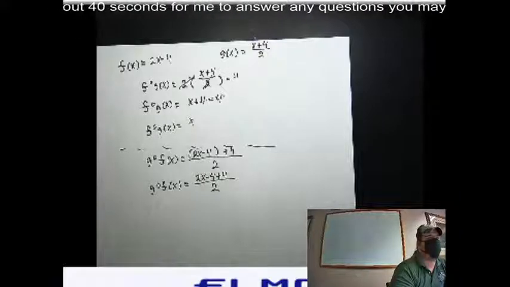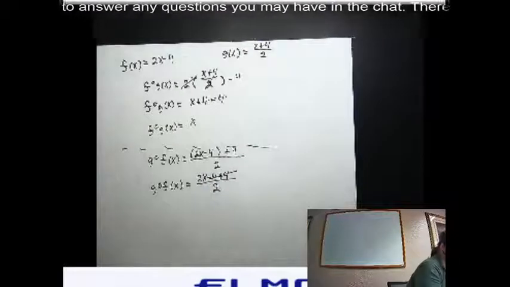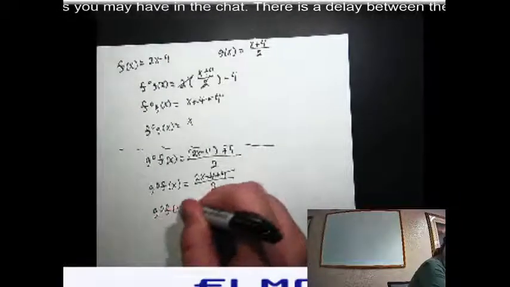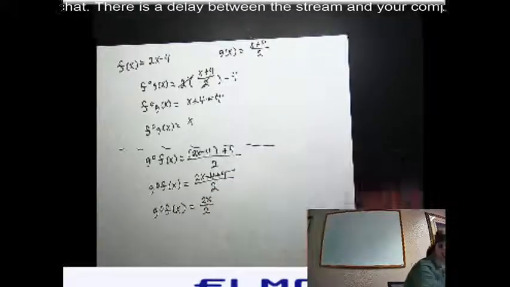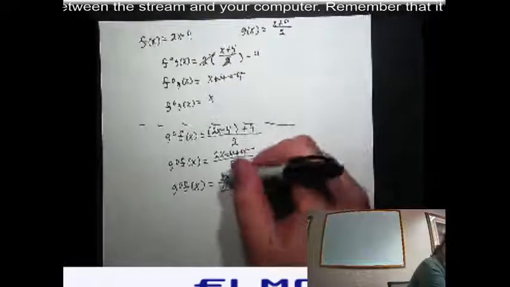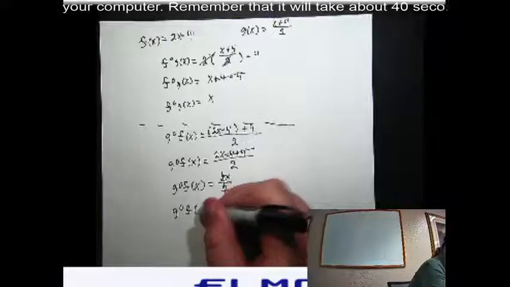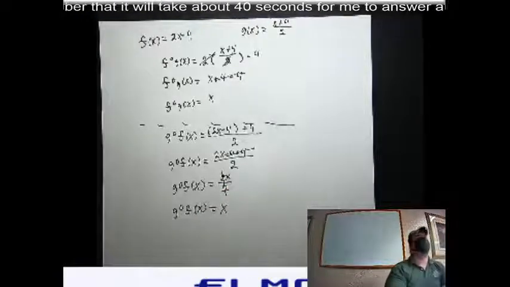What are those 4s going to do? Cancel. So then we have g composed of f of x equals 2x over 2. Well, again, what happens? Yeah, the 2s cancel, and we get g composed of f of x equals x again.